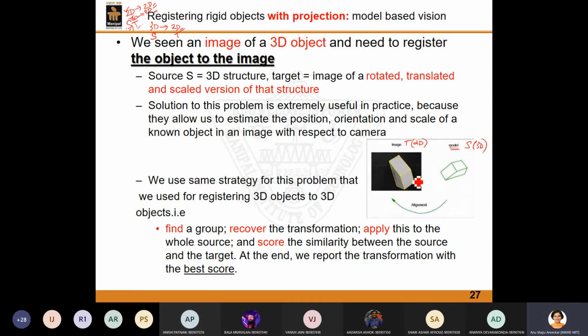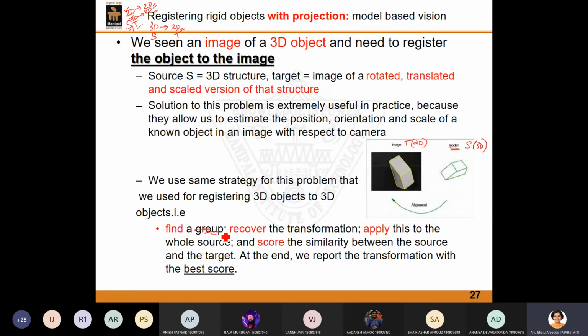In such cases where the source and target do not have the same dimensions, the kind of registration approach that we take would be a little different, but yet similar. What we do is first try to find a frame bearing group.